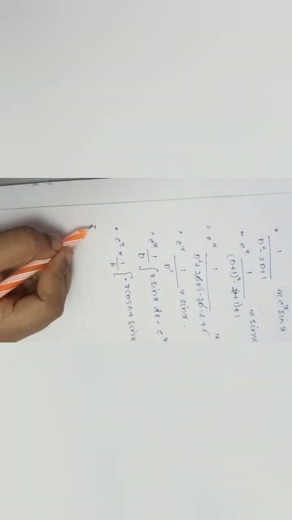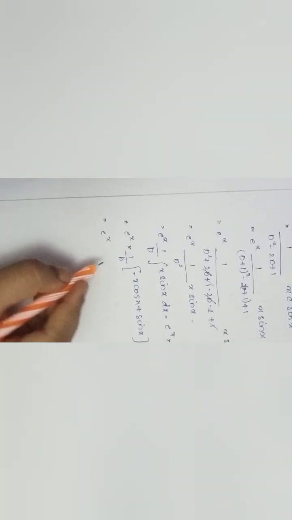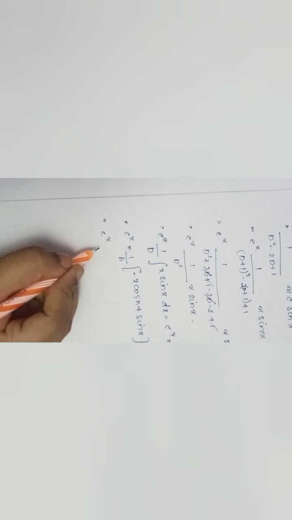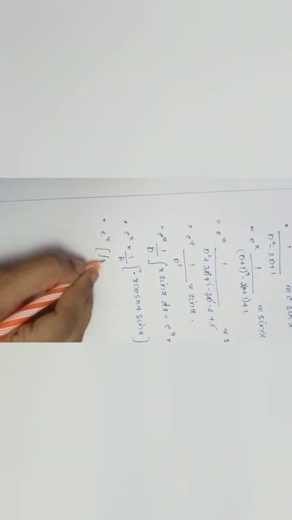That is equal to e raised to x, again applying product rule, integration by parts, it is integral of minus x cos x dx plus integral of sin x dx.